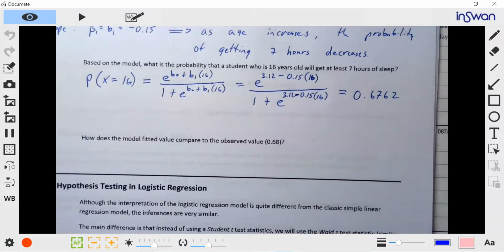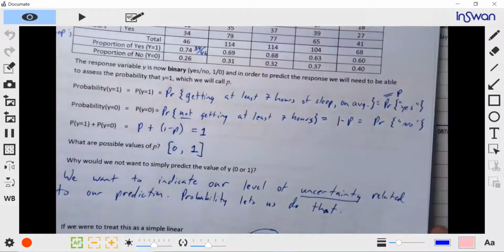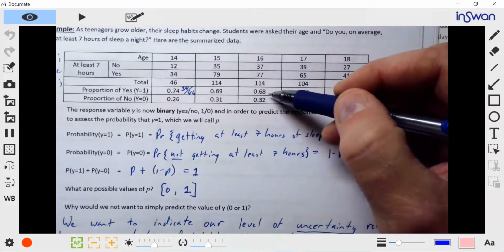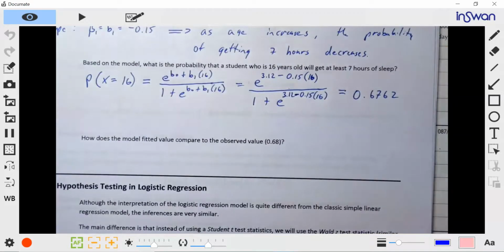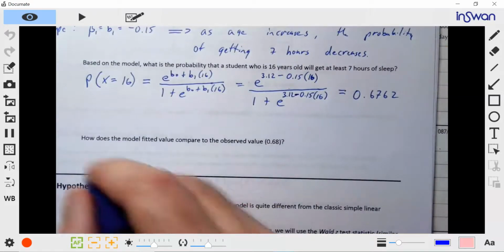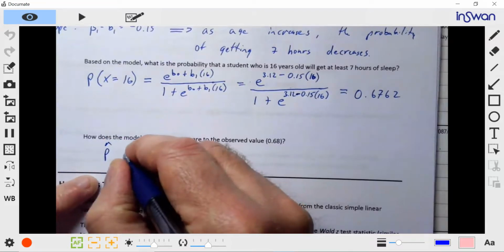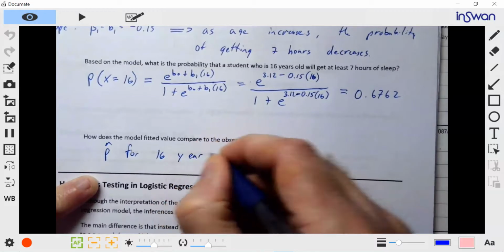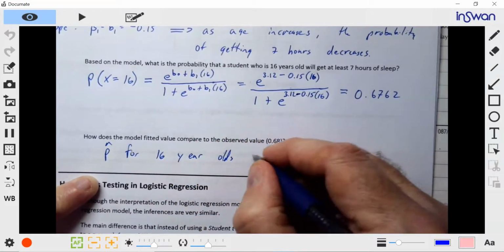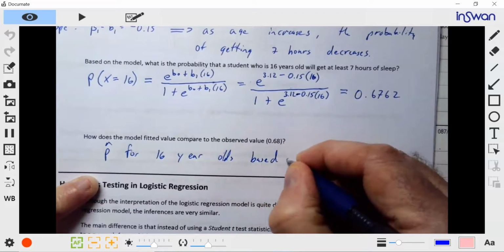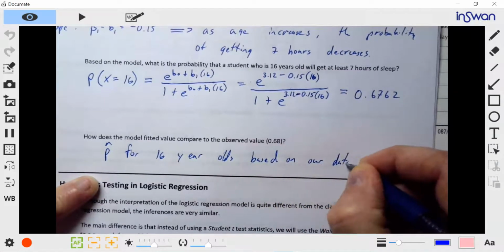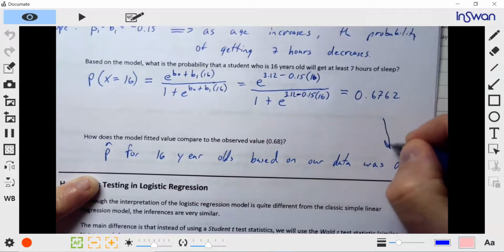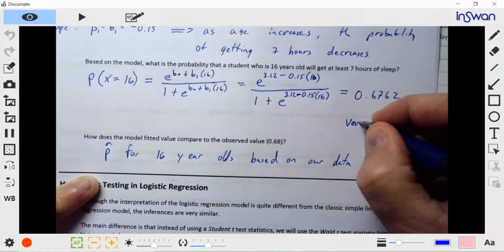If we look back, for 16-year-olds, our observed value, p hat for 16-year-olds based on our data, was 0.68. So pretty close. Very close.